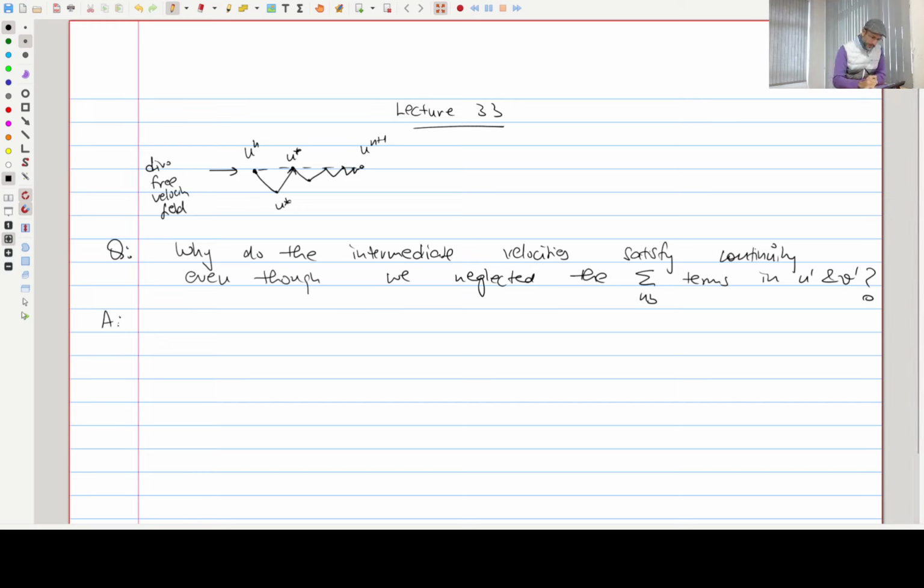So let's look for an answer for this. Let's write equation number 4, which was the equation for satisfying continuity at time n plus 1.